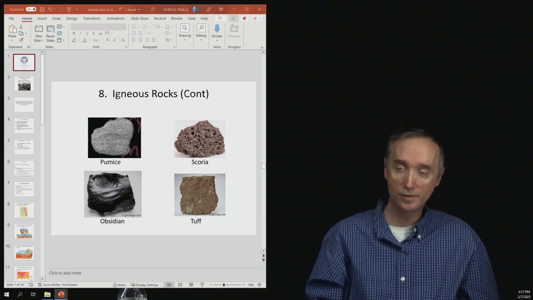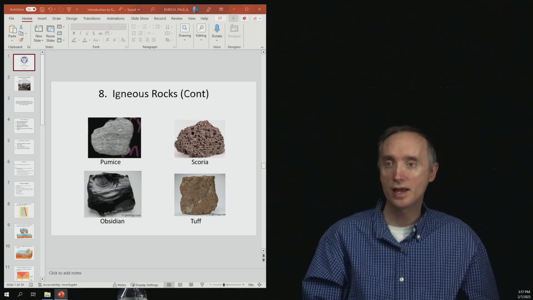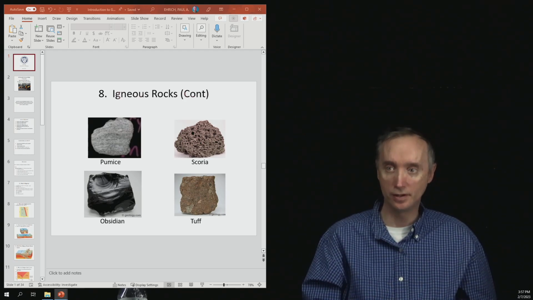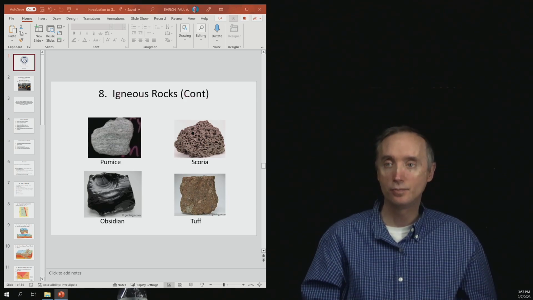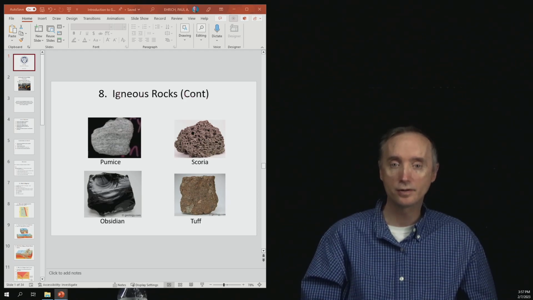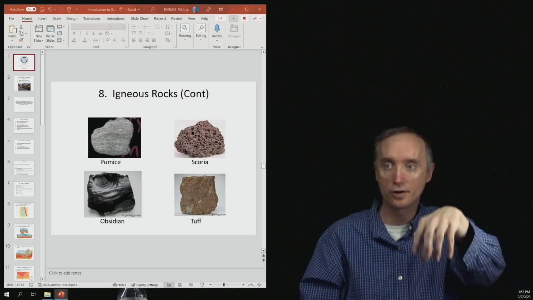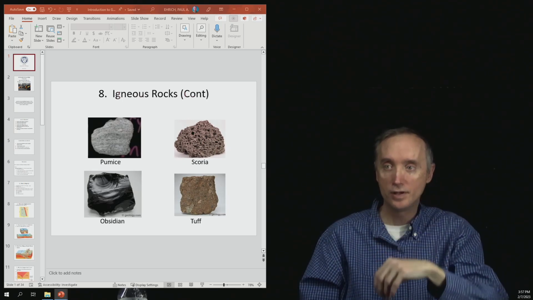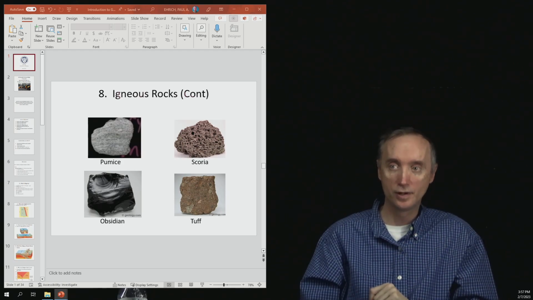So pumice has an unusual property: it has so many gas holes in it that it reduces its density to the point that it would float in water. So it's like the only rock that will do it. You can take pumice and put it into a glass of water and it would float because it's not so dense, because it has a lot of gas holes in it.